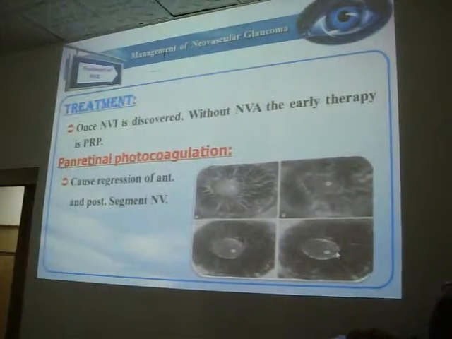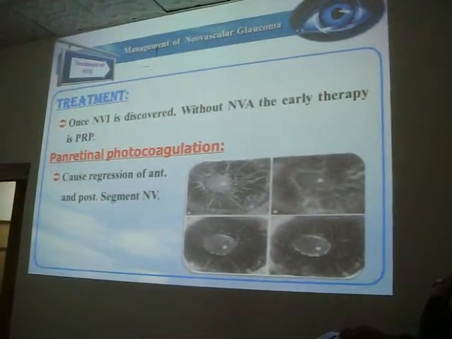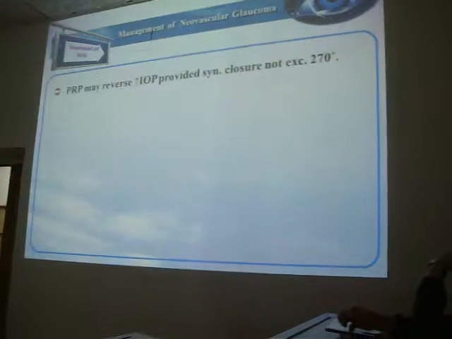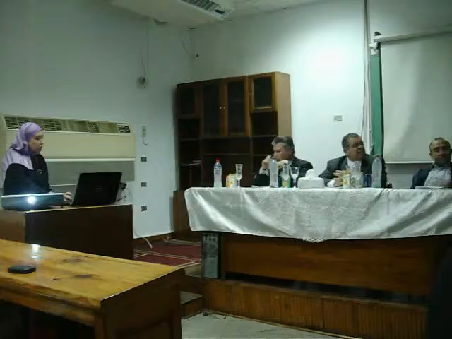It causes regression of anterior and posterior segment neovascularization. PRP may reverse the increased intraocular pressure, provided there is angle closure not exceeding 270 degrees. The commonest cause of failed PRP is inadequate photocoagulation.